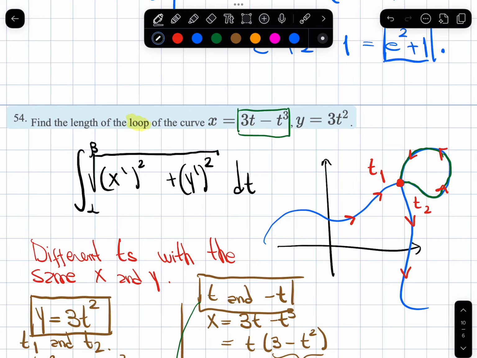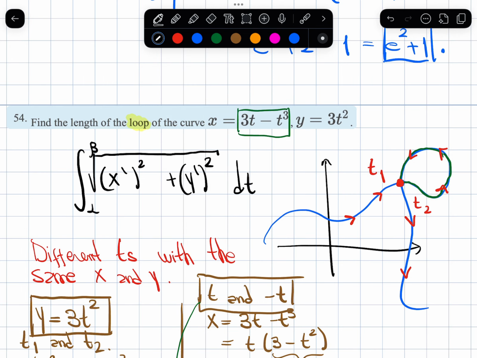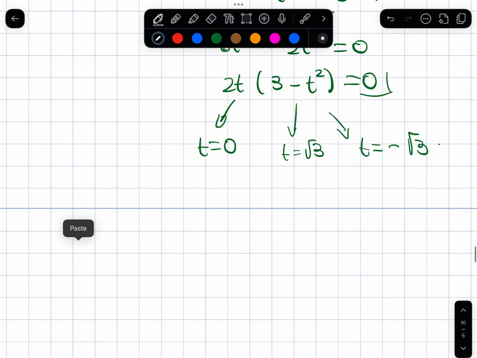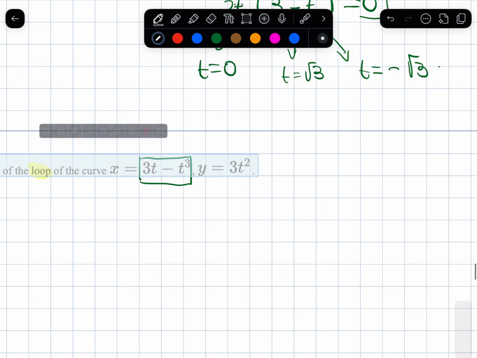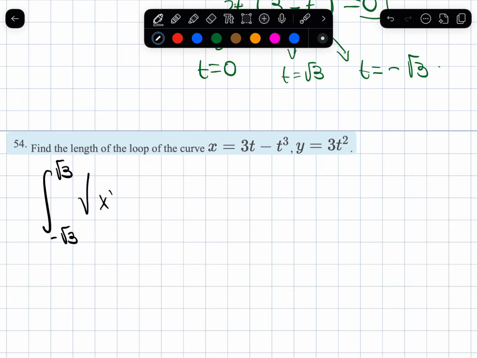Okay. Let me copy this. Let me paste it here. Now I can just do the integral directly. This is an integral from negative root 3 to root 3 of the square root of x prime squared plus y prime squared dt.